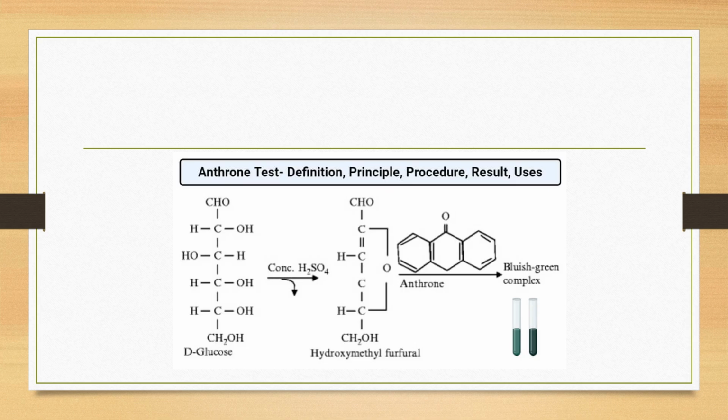So that means there is a carbohydrate in these samples. After we confirm there is a carbohydrate in the sample, the next step is to know the concentration of each carbohydrate in the sample by using the spectrophotometer.